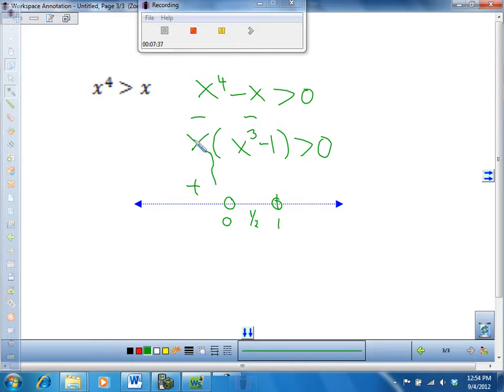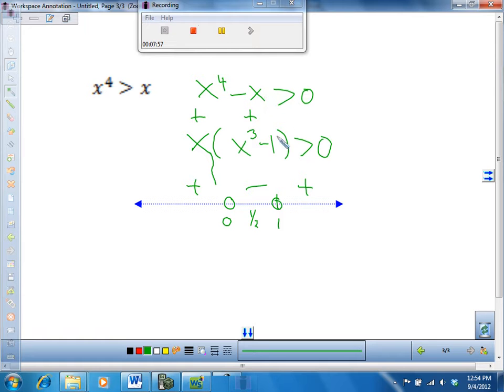If I plug 1/2 in here, I get a positive, and 1/2 cubed is 1/8. Minus 1 gives you a negative, so I get a positive times a negative, which makes this negative, okay? And then over here, a number bigger than 1, like 2, I get a positive times a positive, which gives you a positive number. So then you go back and answer the question.